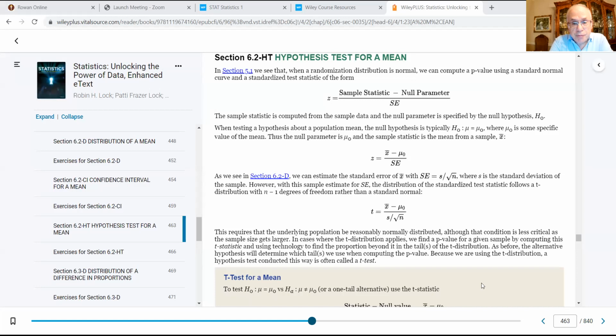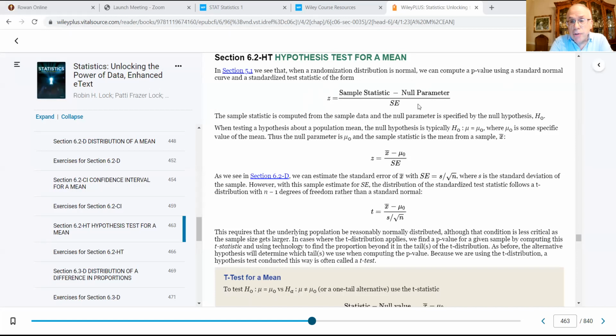Now, in section 5.1, when we were looking at hypothesis tests for means, we were not using formulas for the standard error. To calculate our p-value, we use this formula here. This is called a test statistic.